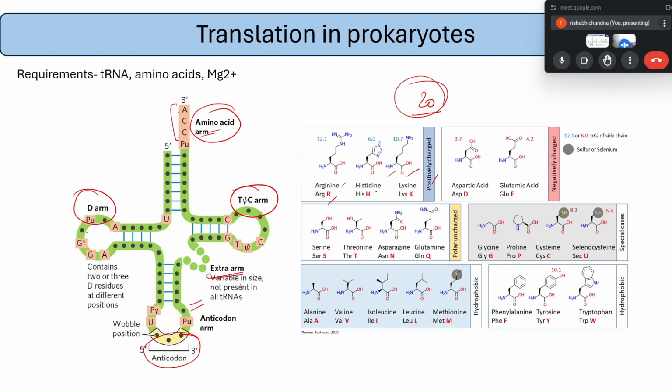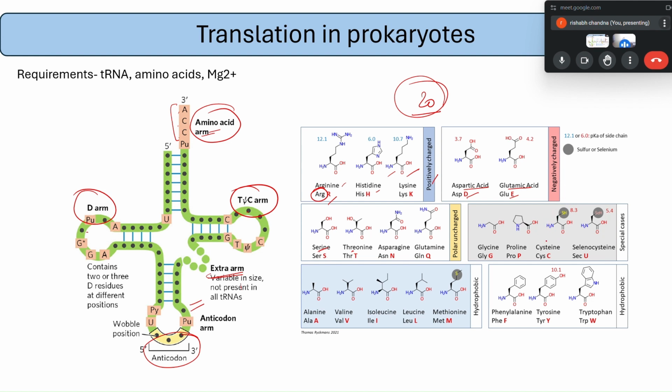This is the single letter code, and these are the three letter names of these amino acids. Then the negatively charged amino acids, that are acidic: aspartic acid and glutamic acid, D and E. Then we have polar uncharged amino acids, that is serine, threonine, asparagine, and glutamine. So S, T, N, and Q.